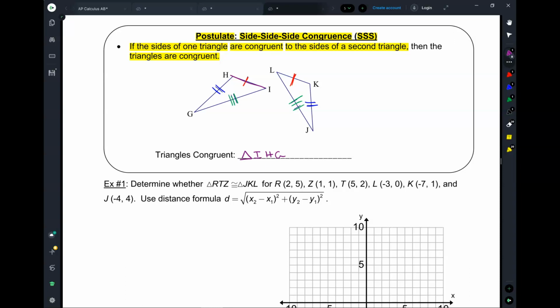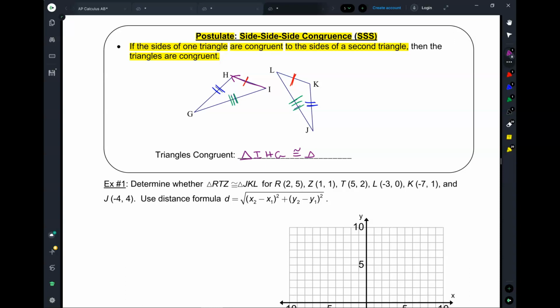So when I go to give the name for the other one, it's going to be triangle what? So here it's IH. In what order did I do IH? Yeah, the one with the one tick mark, but also look, I started from the one with the 3, leading up to the one with the 2.